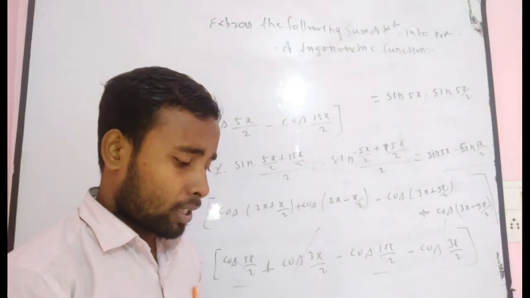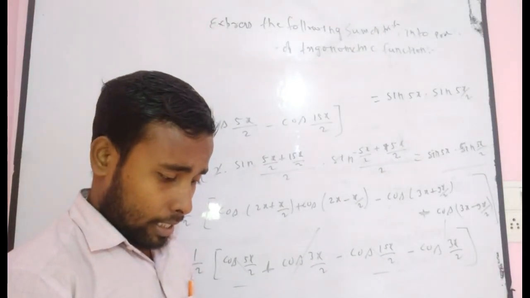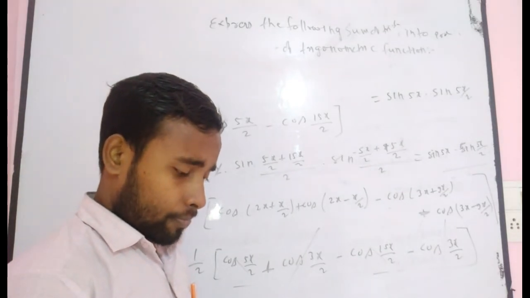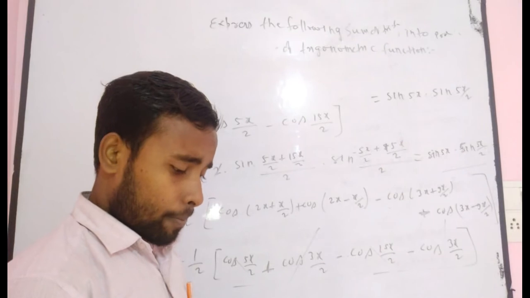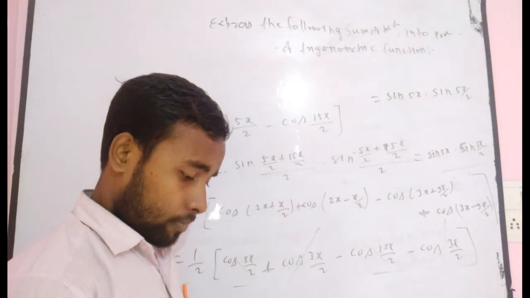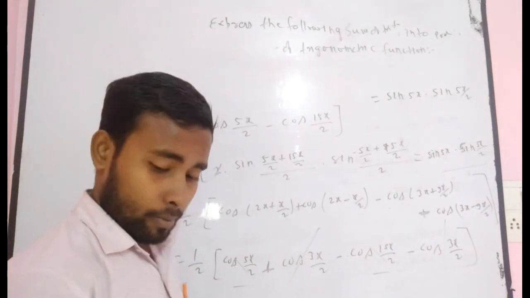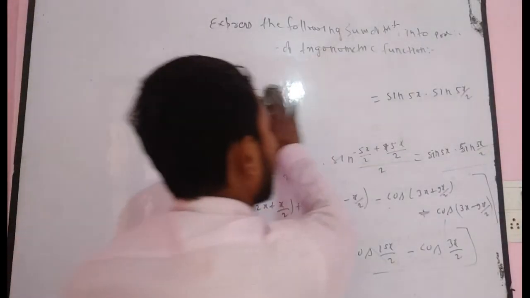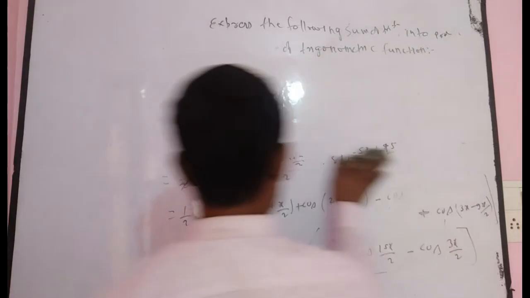I think you understand. I want to take some more standard problems. In the next problem, I simply want to give a hint, after which you can simply solve it.